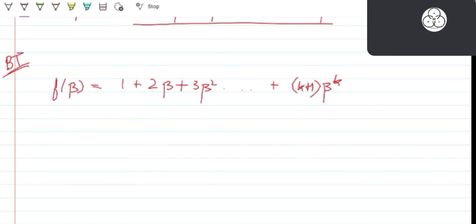This is f dash of beta, where f of beta is the sum beta plus beta square, and so on, up to beta to the power k plus 1. Now this is a GP, so we will write this as the sum of the GP here.